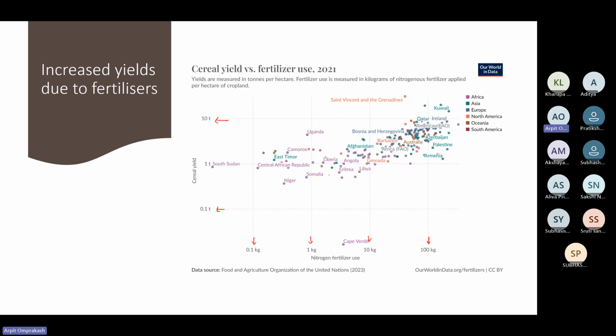Now, if we try to fit a line through it, it will probably look something like this. So what does this tell us? This tells us that there's a positive relation between fertilizer use and cereal yield. As more and more countries are using more and more fertilizers, they are also seeing increased yields of cereals or increased production of food.